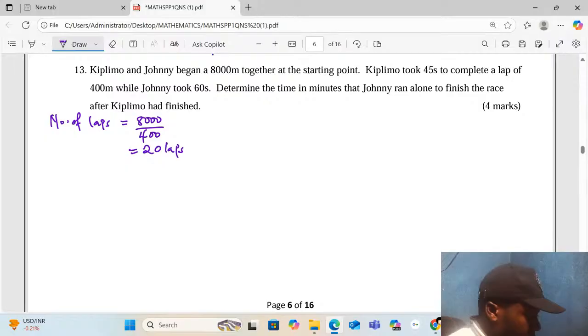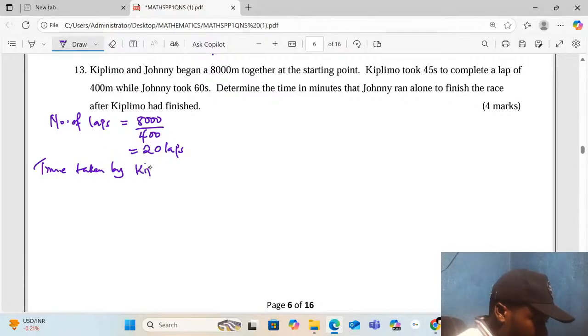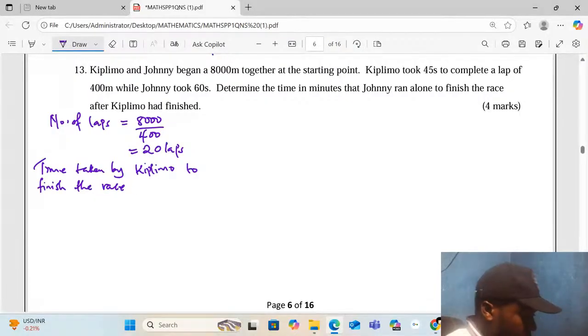Then we have to look for the time taken by Kiplimo to finish the race. We take 20 laps times 45 seconds.